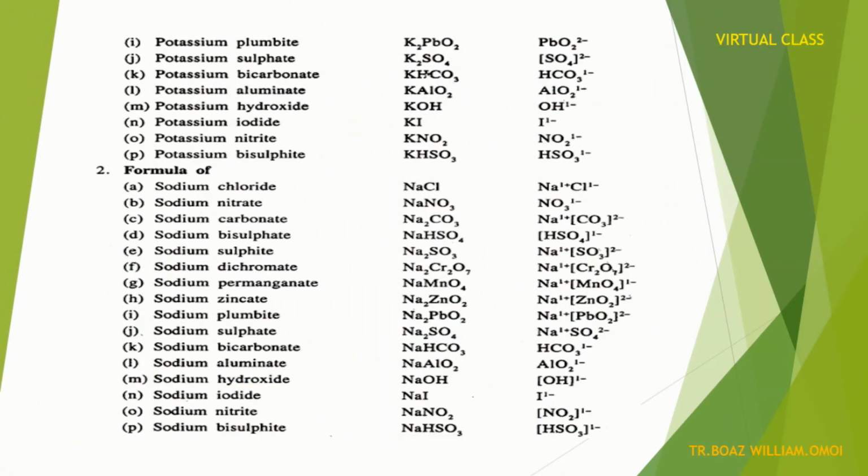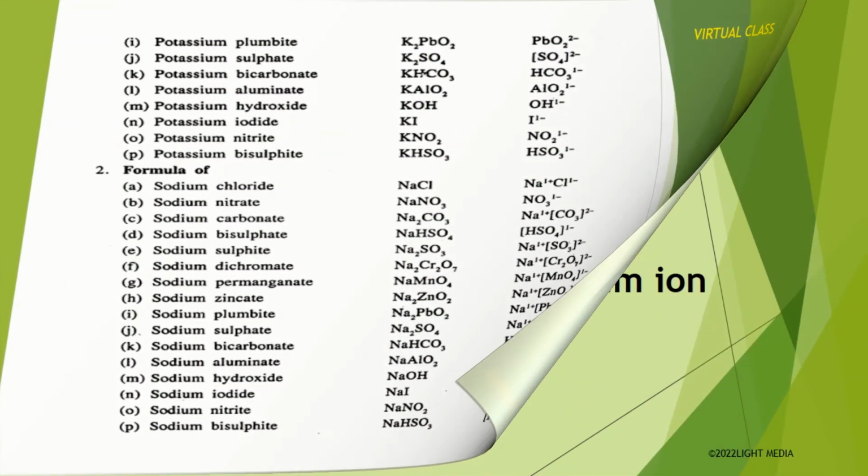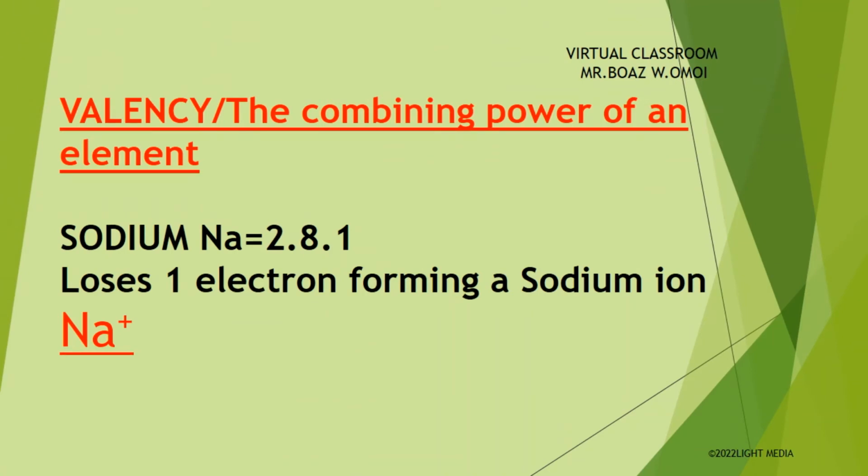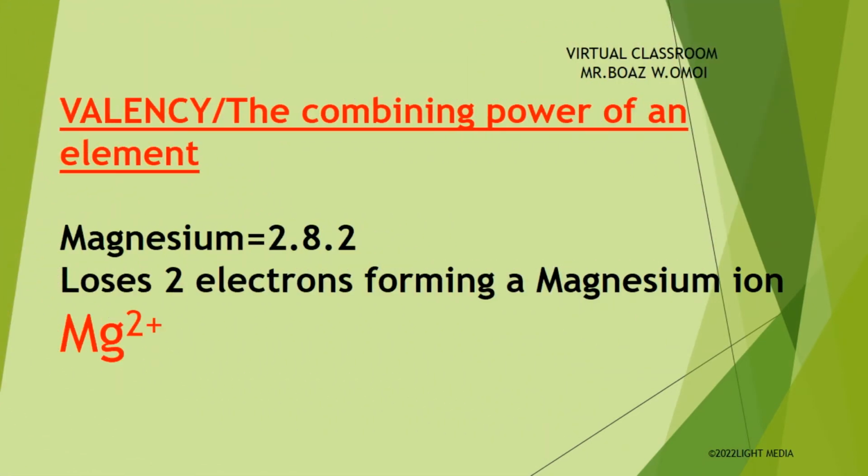Let's look at an example. If sodium reacts, it loses 1 electron. Therefore, it gains a new oxidation number of 1. So the oxidation number of a sodium ion is 1, positive 1. If magnesium reacts, it loses 2 electrons. Therefore, it gains a new oxidation state of positive 2. So that is also the same as the valency, like I've indicated before.